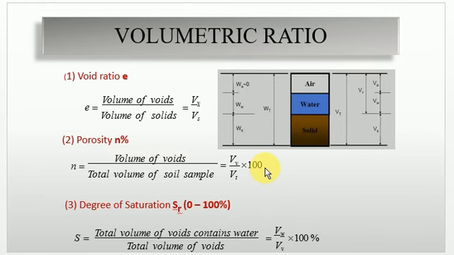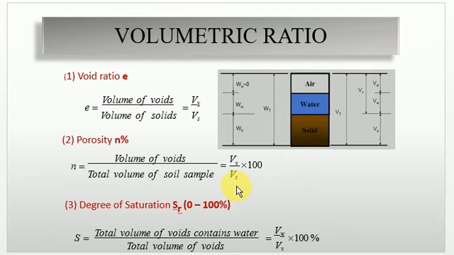In all geotechnical engineering equations, we take void ratio. Because in geotechnical engineering, soil mechanics or foundation engineering, we have to deal with the soil solids. So here we are going to take void ratio in all the equations. You can see in the next lectures about index properties of soil, everywhere a void ratio only, not a porosity.